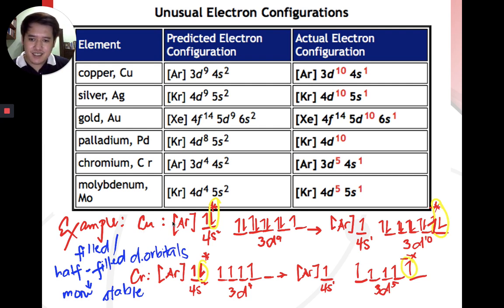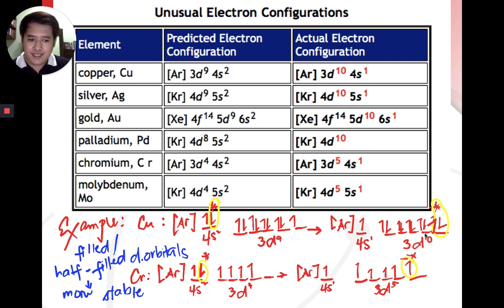If we draw the orbital diagram of copper, in our expected electron configuration we have 2 electrons in the 4s and 9 electrons in the 3d. However, this isn't the case because there is one electron lacking, and in order to make copper a stable atom, it has to transfer.